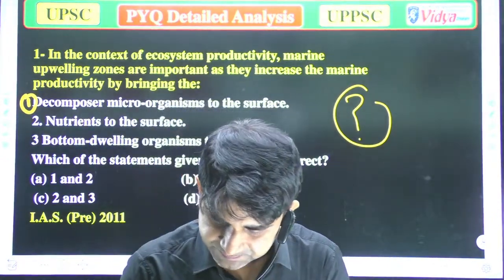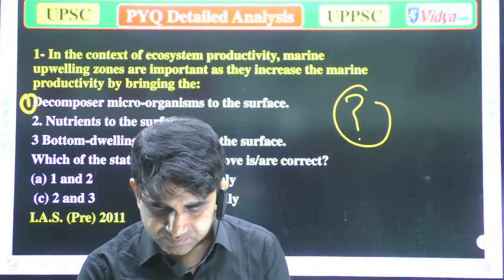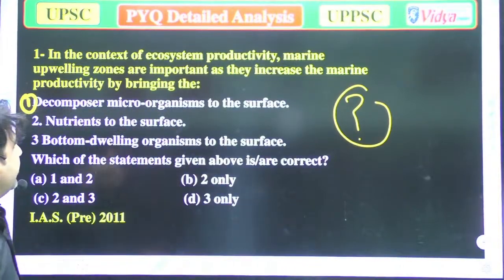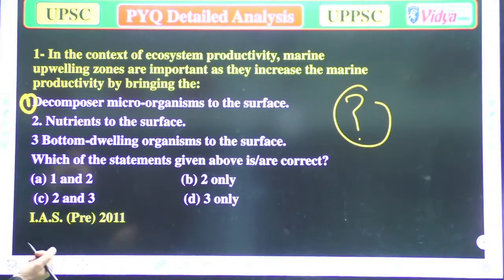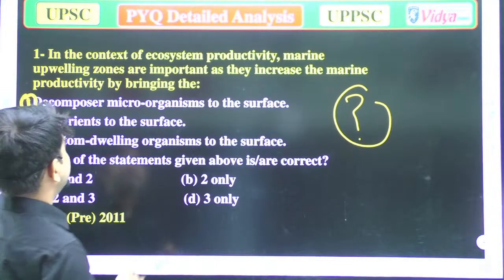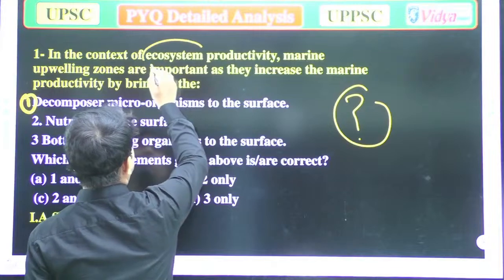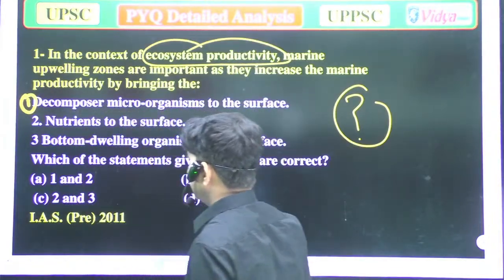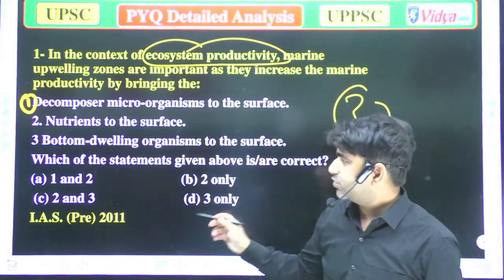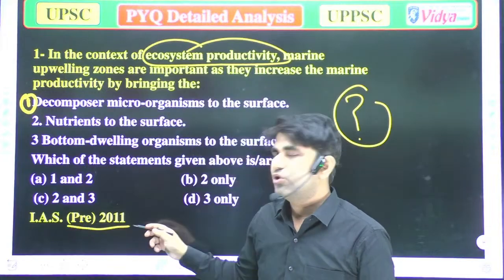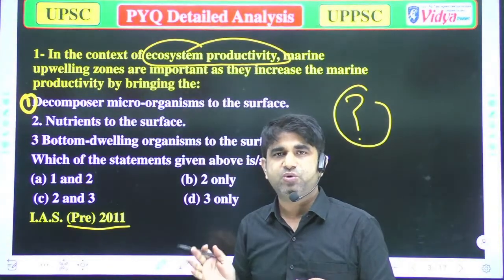So as I am saying, in the context of ecosystem productivity, marine upwelling zones are important as they increase the marine productivity by bringing the: first, what is ecosystem productivity? This question was asked in IAS 2011, so you can understand its importance.